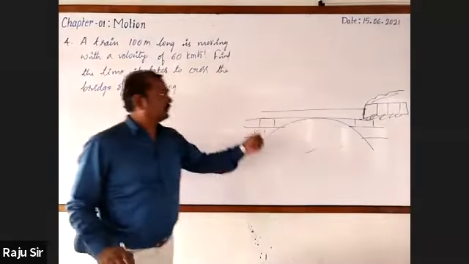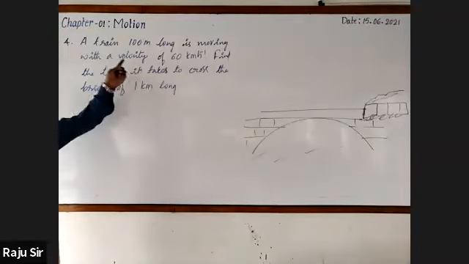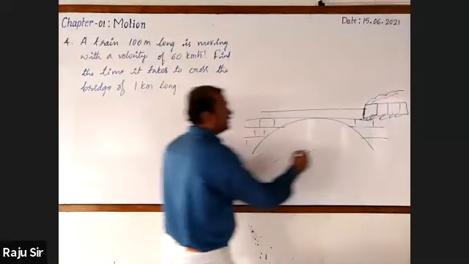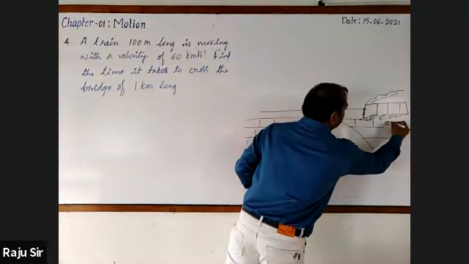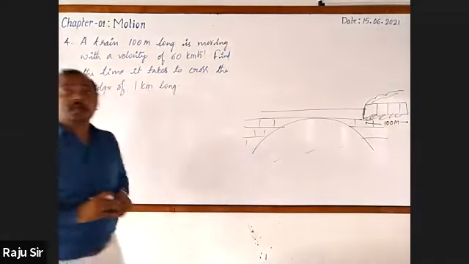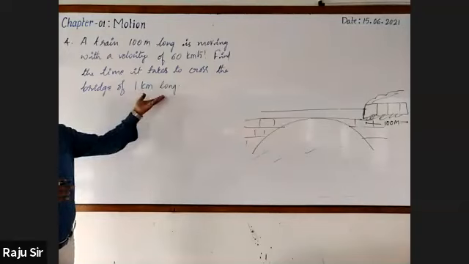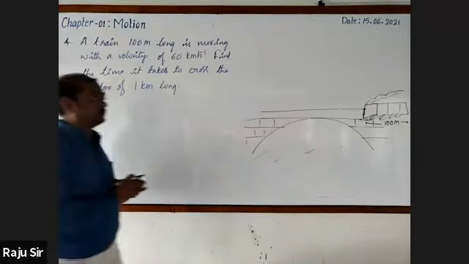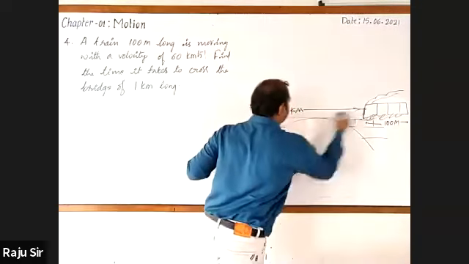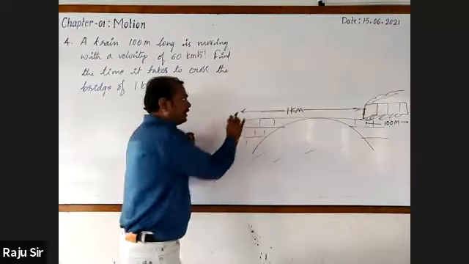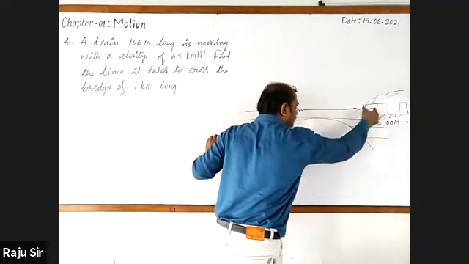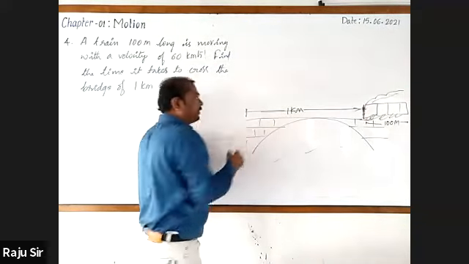You all know that the length of the train is 100 meter. This is 100 meter from here to here. And you also know the length of the bridge, it is 1 kilometer. This is the length of the bridge. And this is the initial point of the bridge, and this is the final point.